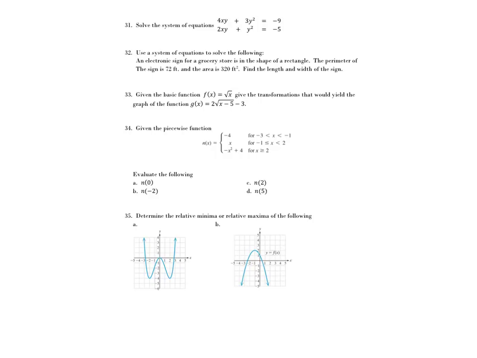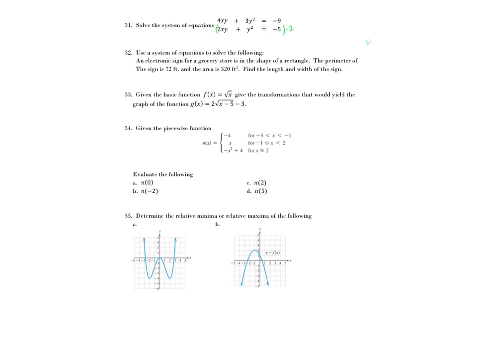Okay, solve the system of equations. So the first thing I want to do is get rid of this xy term. I'm going to multiply this bottom equation by -2.